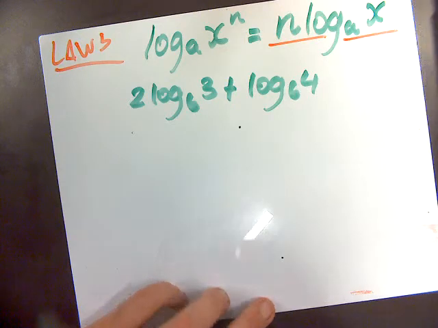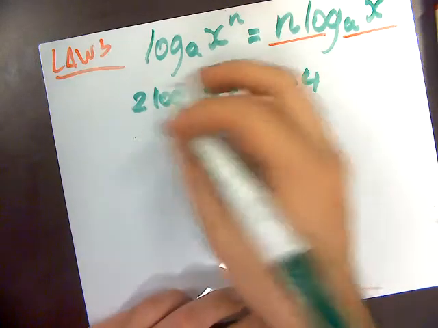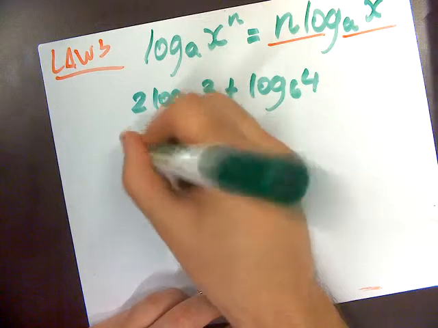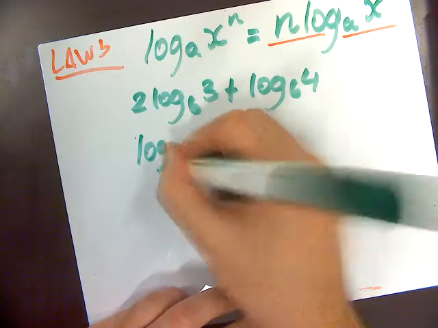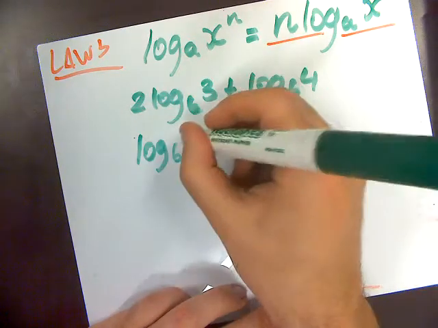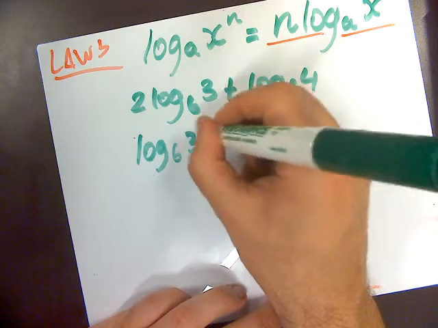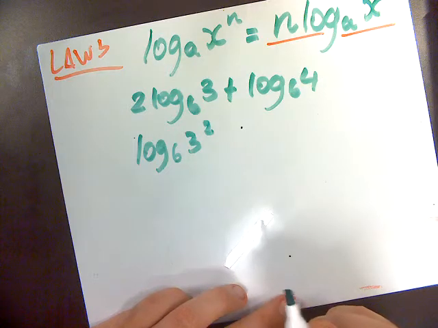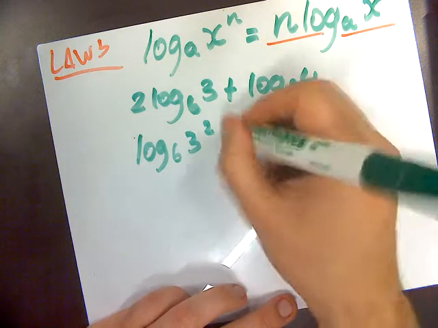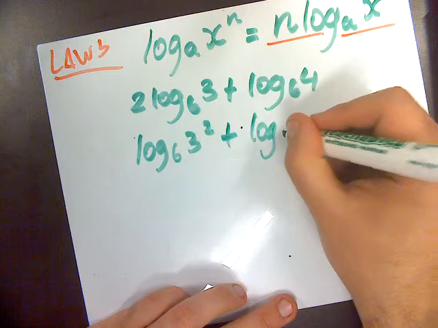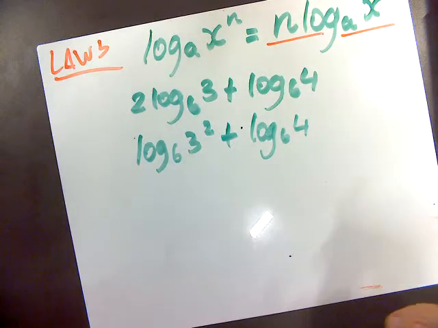So instead of having 2 log base 6 of 3, I can have just log base 6. I can take my 3 out there as a power, so it becomes 3 squared, plus log base 6 of 4.